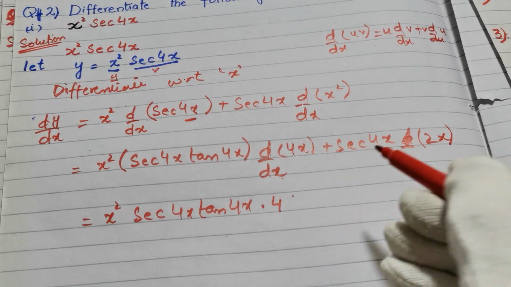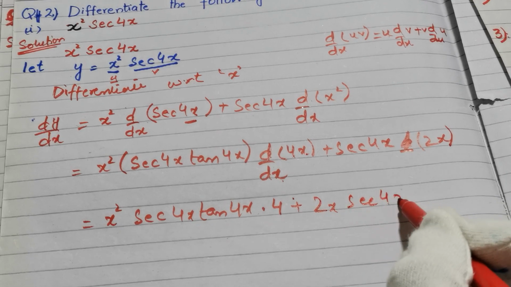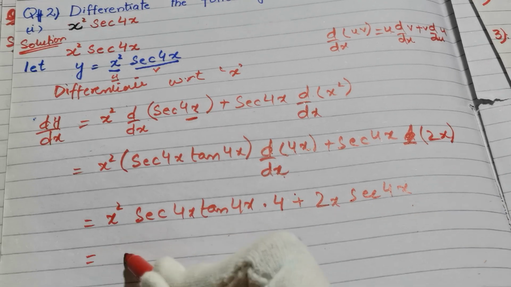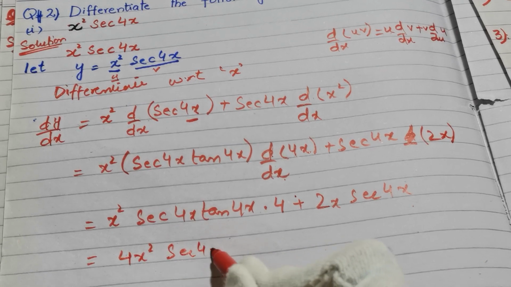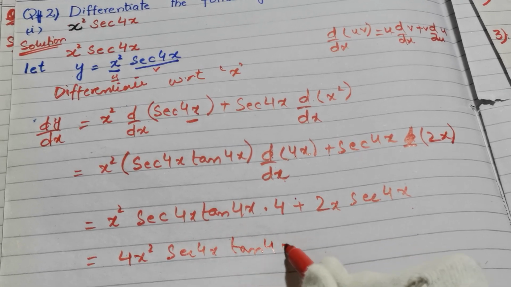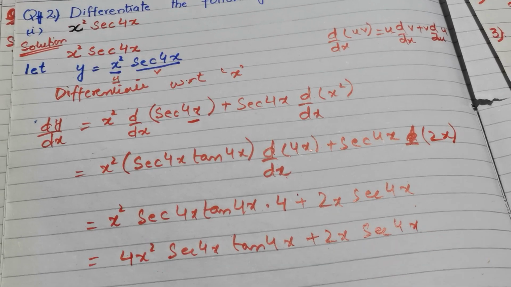So there is no need to write 1, plus 2x secant 4x is equal to 4x square secant 4x tan 4x plus 2x secant 4x.